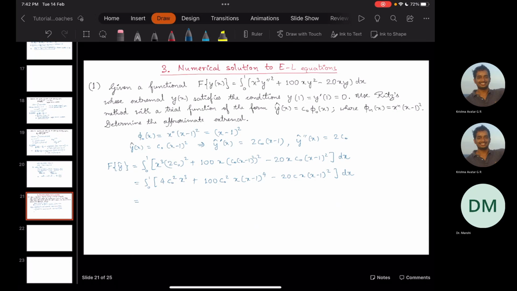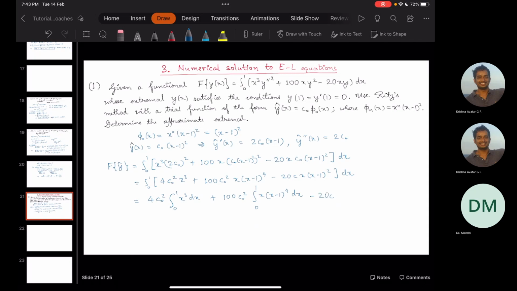Let's just break down this integral into different component integrals. We have c naught is a constant, right? So we'll have 4 c naught squared integral of x cubed dx from 0 to 1, plus 100 c naught squared integral of x into (x minus 1) to the power 4 dx from 0 to 1.